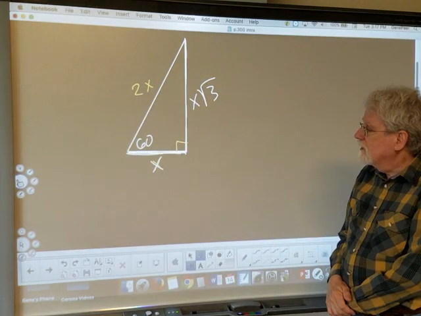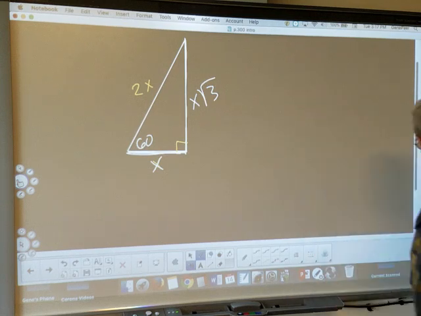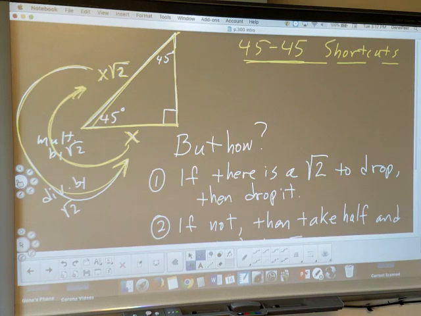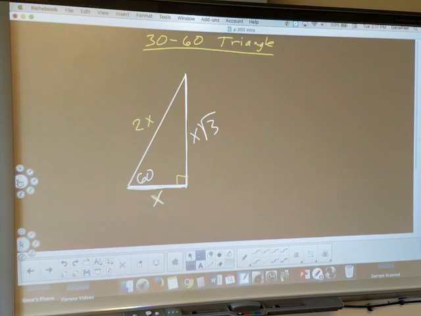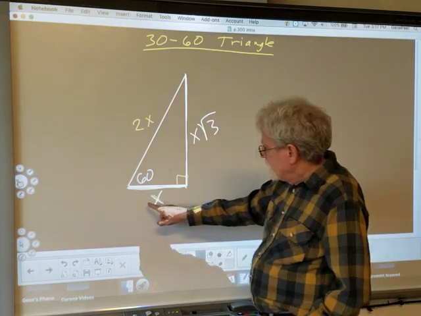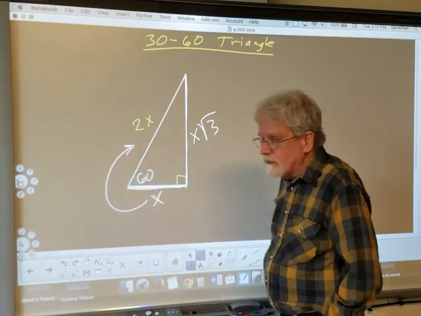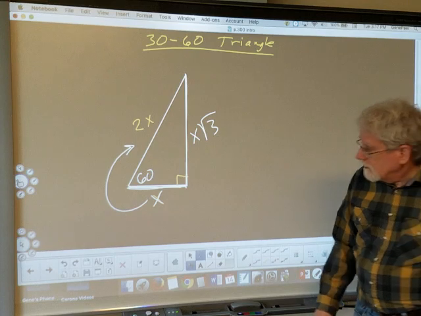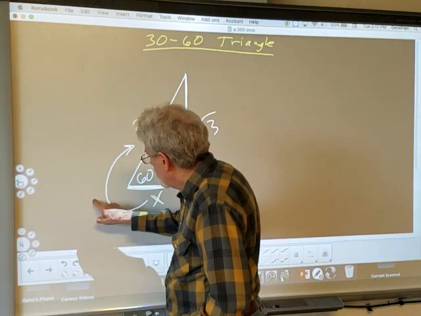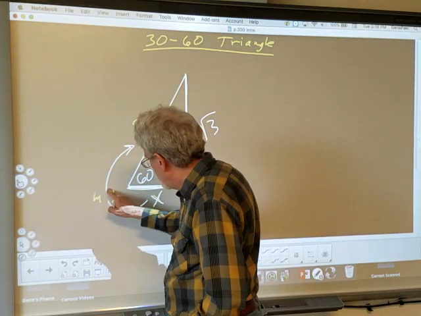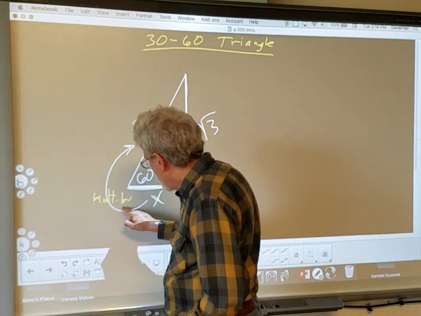2x. Now for our arrows. Very similar to what we did back here. Let's throw in some arrows. What's the rule for going from the short leg to the hypotenuse? All we do is double it. All we do is multiply by 2.